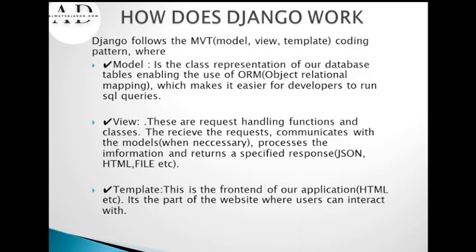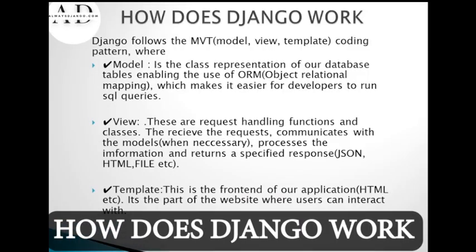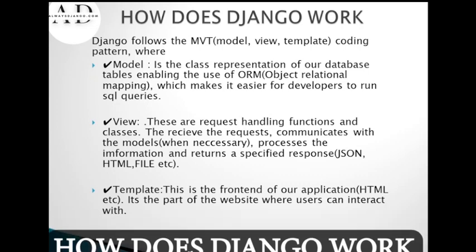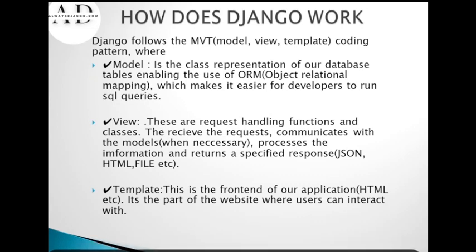So how does Django work, right? Django follows the MVT, which stands for Model View Template coding pattern, where the model is the class representation of our database tables, enabling the use of ORM, Object Relational Mapping, which makes it easier for developers to run SQL queries. Then the V is for view.